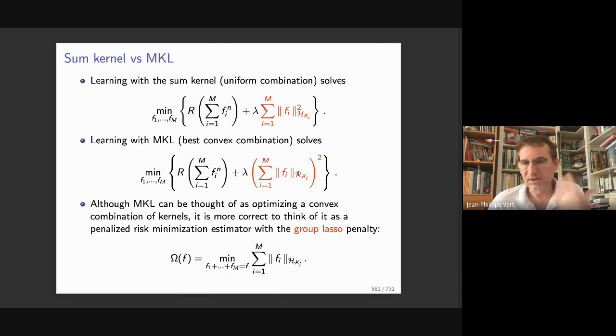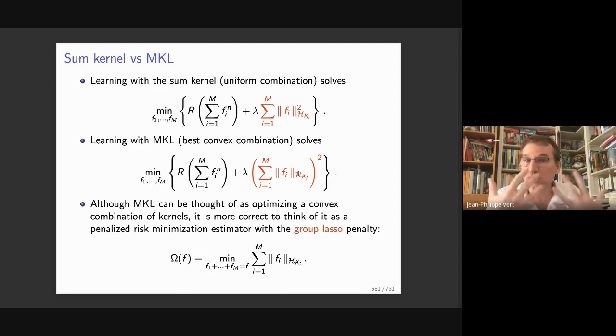So this is what I said, either you know it or you don't know it, but I assume that you may have already heard about lasso regression. Lasso regression is famous for being a way to train linear models which are sparse, right? So lasso regression is a regression when you train a linear model, but when you use an L1 penalty instead of a squared penalty, so that the model you train has many zeros.